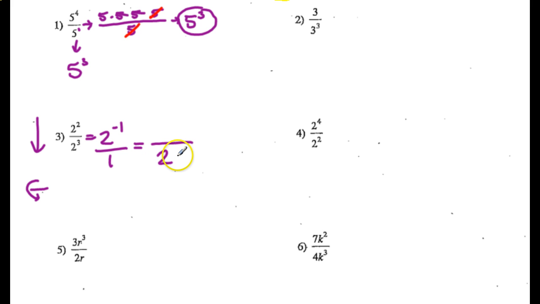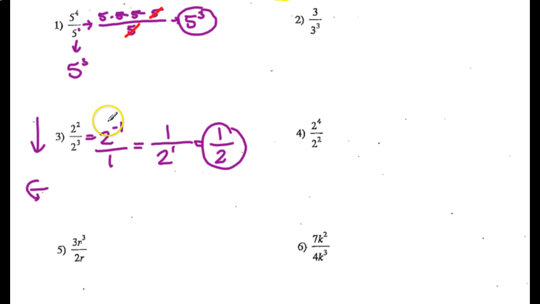Nothing happens to the 2. All these properties are all about the exponents. So the base doesn't change, but this negative 1 now becomes positive 1. And when it's empty on a fraction, you put a 1 to make it not empty. And the final answer will be 1 over 2 to the first power, which is 2. The answer is 1/2. So you see this negative exponent never made anything negative here.